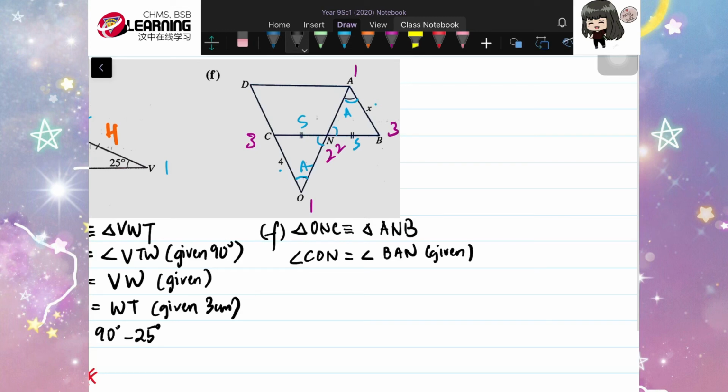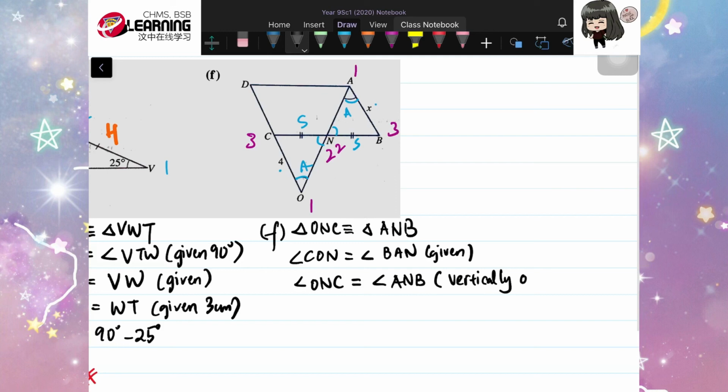It is given. Okay, and then we have side. This is angle side, by the way. Angle side, because the side is not included between two angles. Okay, so the second one is angle OCN, angle ABN.